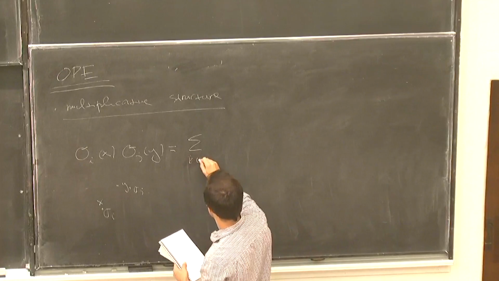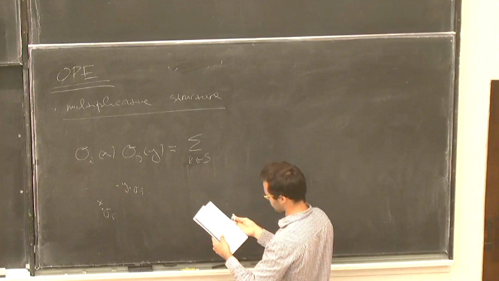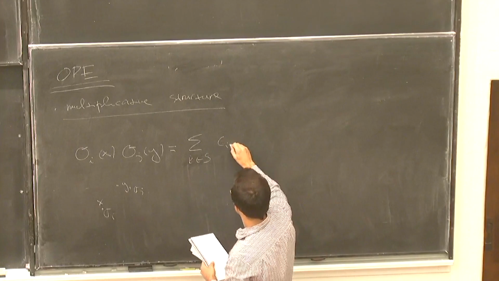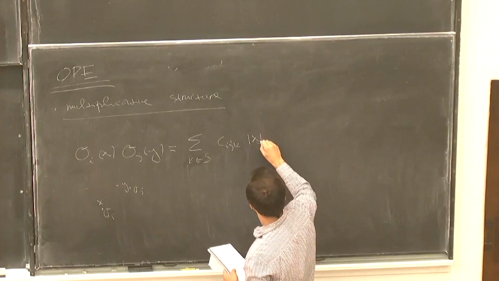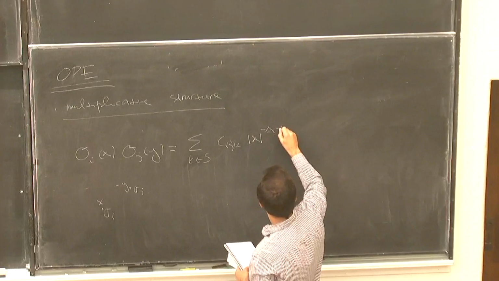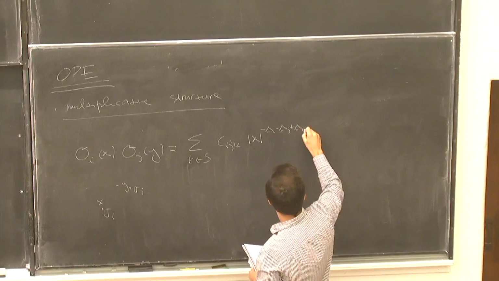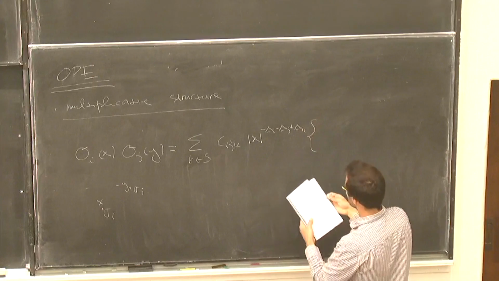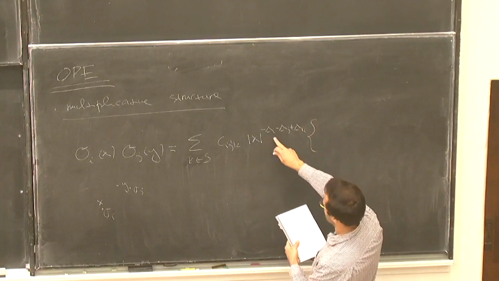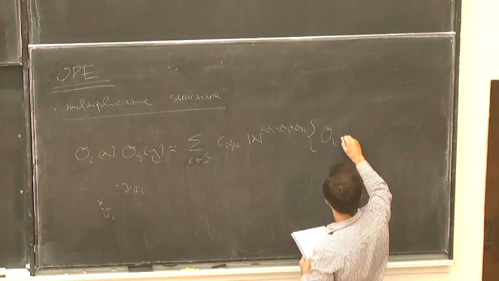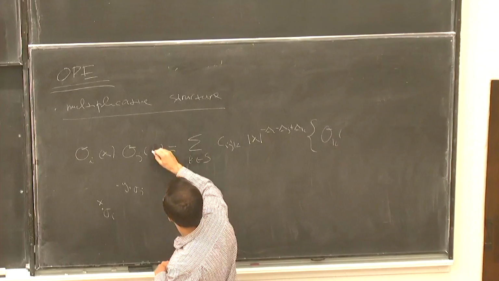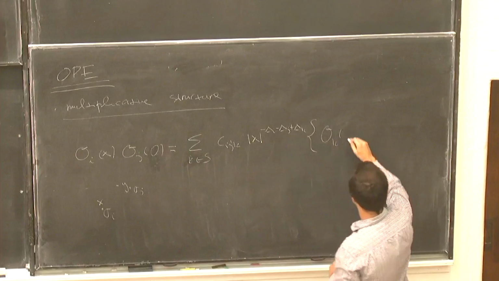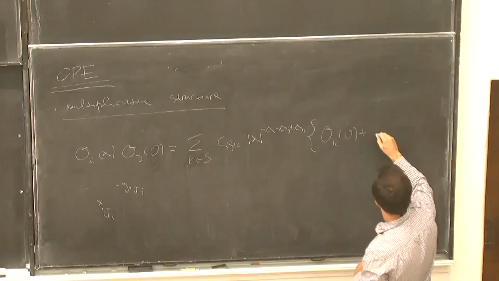So K is inside S, this spectrum, with some coefficients C_ijk, there's a prefactor. Let me just set this to 0. Plus the descendants.